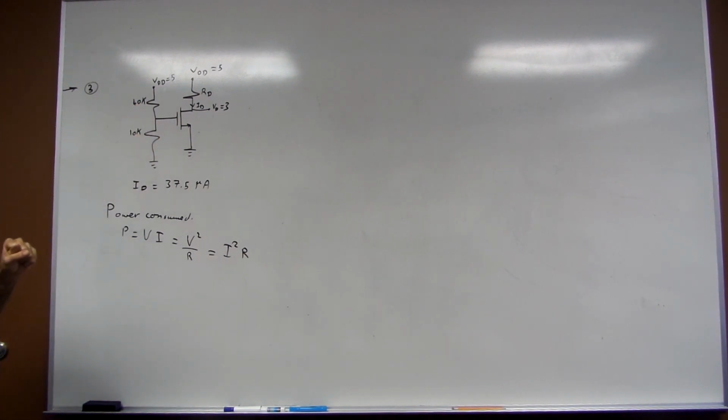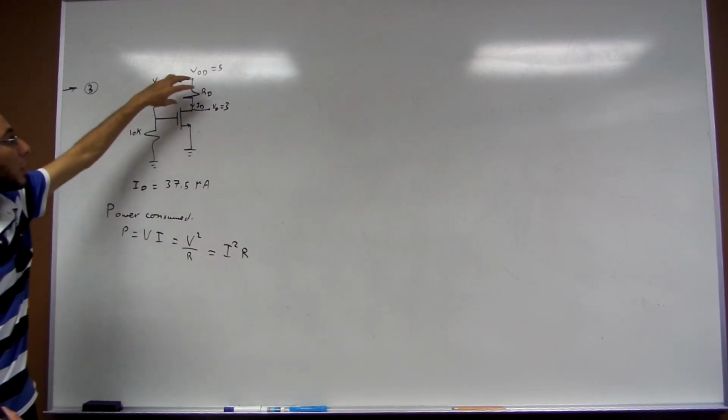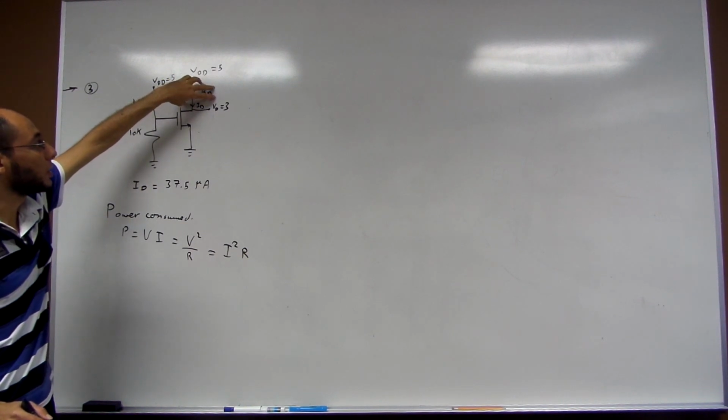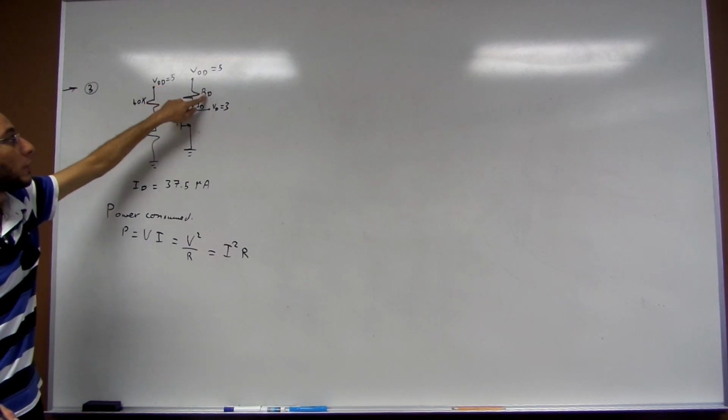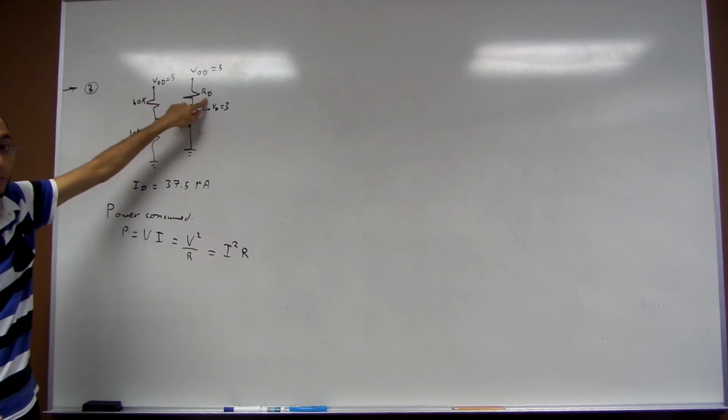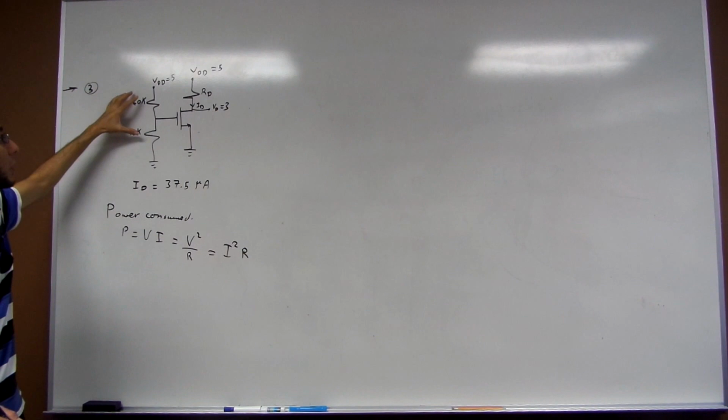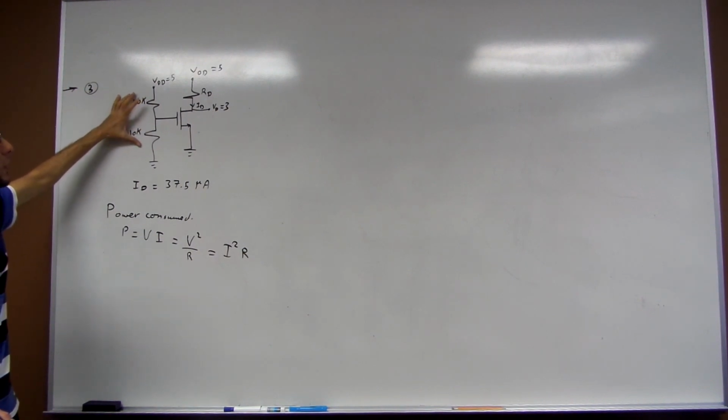So it's totally wrong to calculate the power by this resistor, which is voltage difference squared over R, and add it to the power consumed by these two resistors.